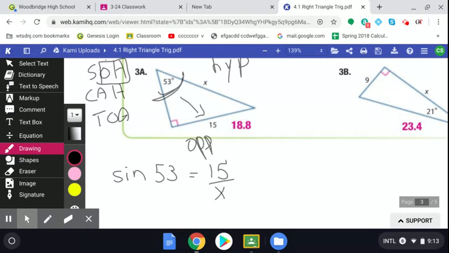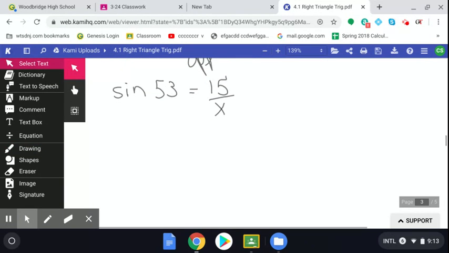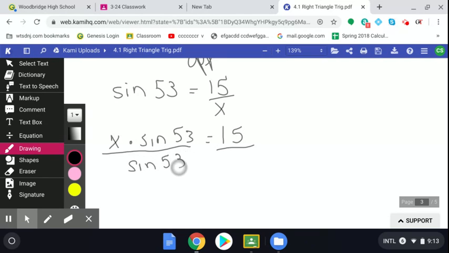So now you'd cross multiply, and you'd say that x times sine 53 is equal to 15. So then you divide both sides by sine 53, and you'd get this answer over here.